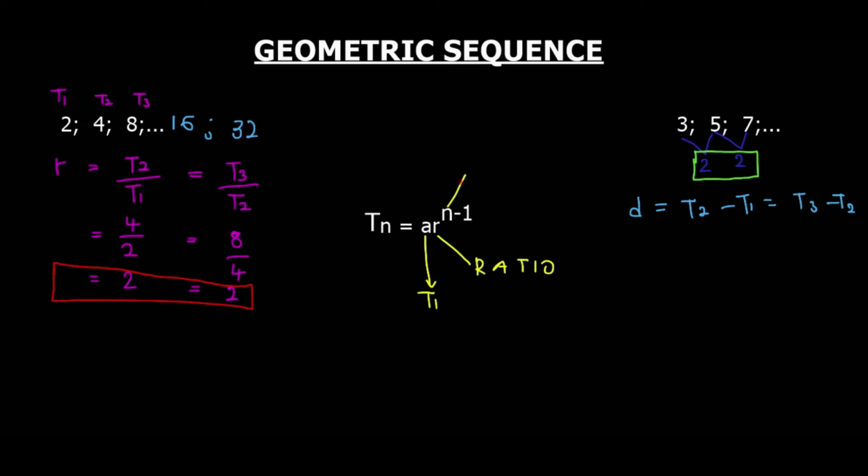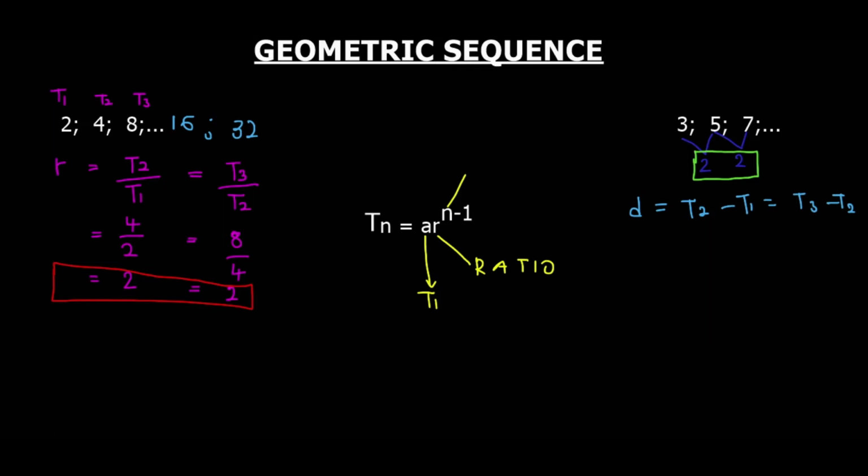And N gives the number of the term, meaning if we find term number 100, then N will be 100. If we find any term, for N we substitute that number. So that's the idea behind the geometric sequence, and that's it for this tutorial.